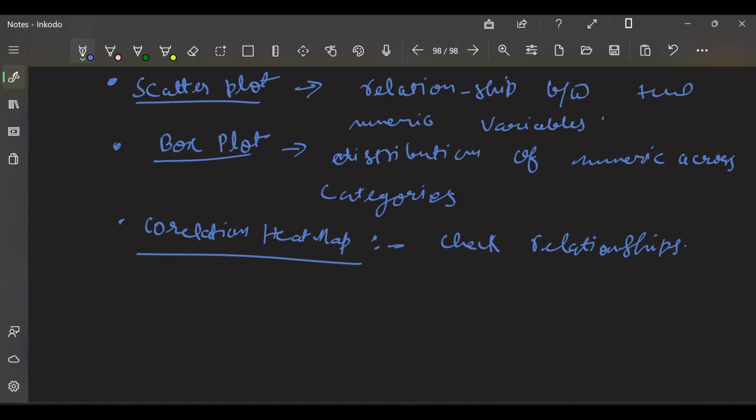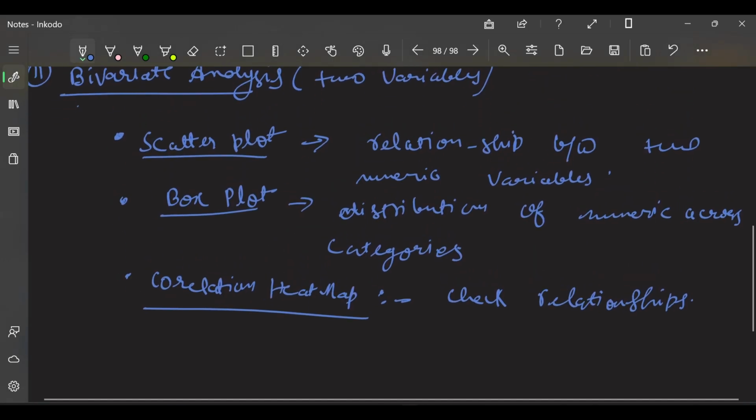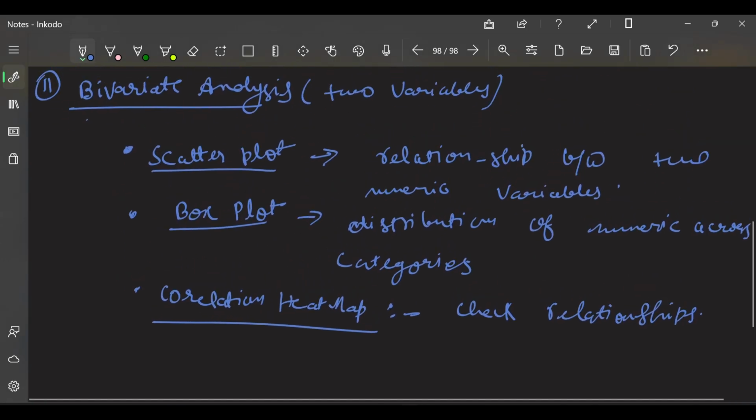For example, suppose salary versus age. This comes under the scatter plot because, as I told you, in the scatter plot we are defining the relationship between two numeric variables. So this is about bivariate analysis.